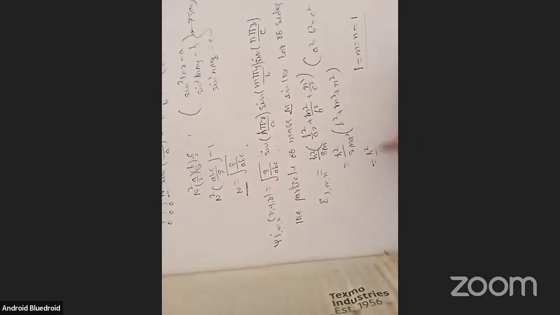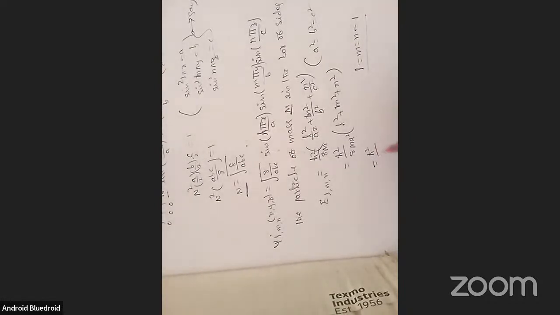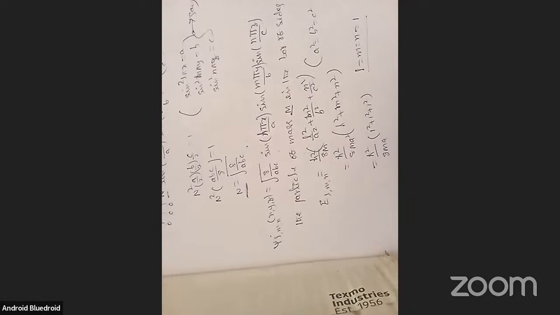So h square by 8ma into the l value, m value, n value: 1 square plus 1 square plus 1 square. So h square by 8ma into 1 plus 1 plus 1, which is 3.